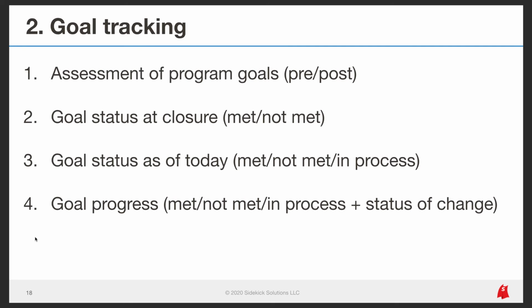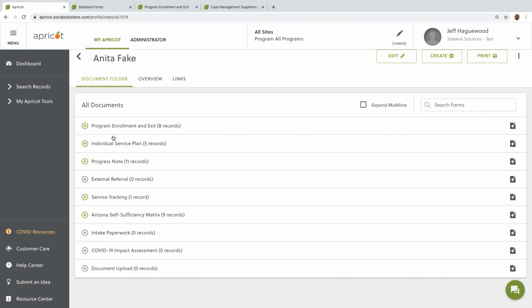You can create a primary point of entry for goals, and you can track multiple plans per client that might have multiple goals per plan. Again, we generally don't recommend the document folder for goals because goals can mix together and be difficult to manage, especially as you queue up many goals in the document folder.